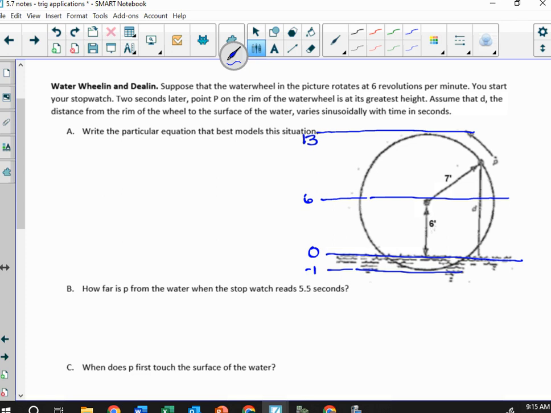Right, I think we're saying that the water is 0. Yes.